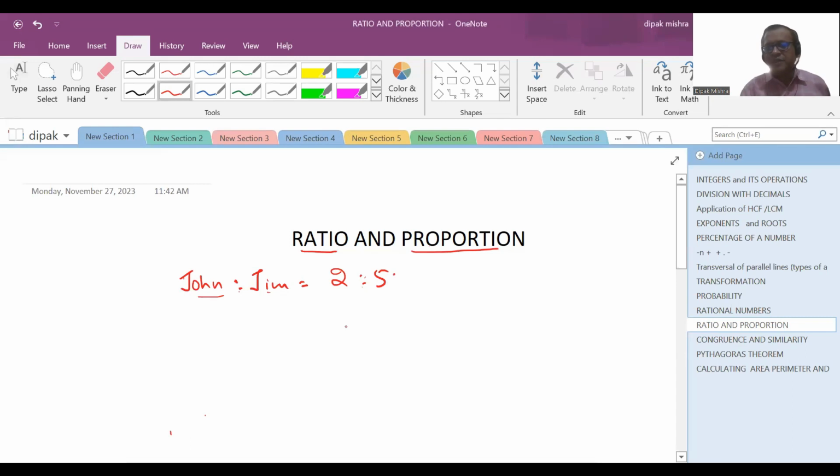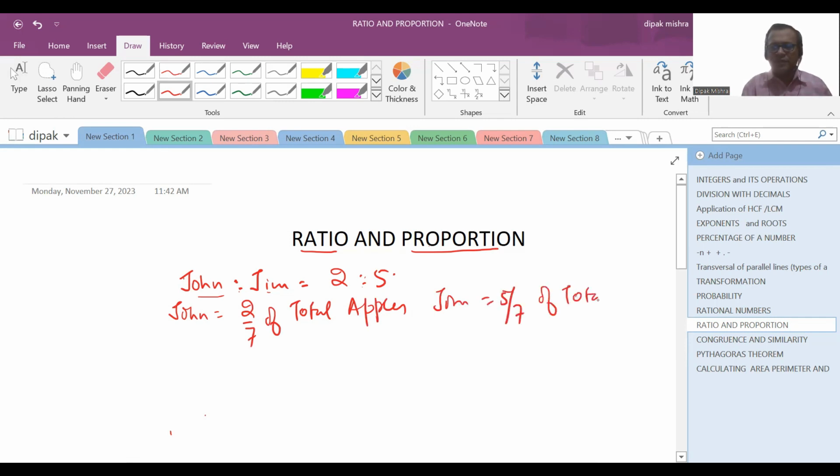That just means that out of 7 apples, John has got 2 apples, which means John has got 2 over 7 of the total apples. And Jim has got 5 by 7 of the total apples. So this is the theoretical meaning of ratios.